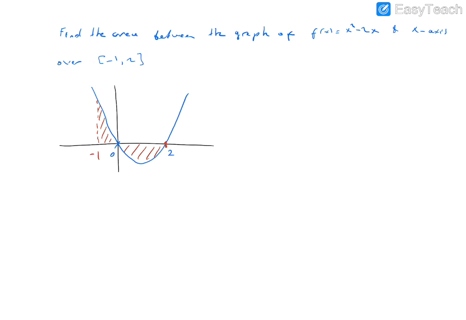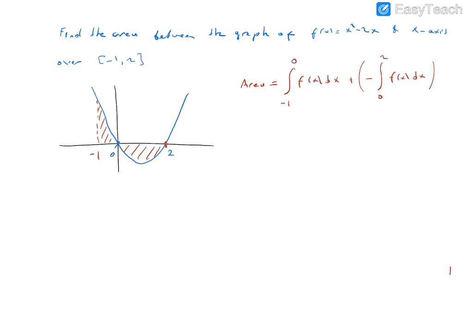So for the first one, that area equals the integral from minus 1 to 0 of f of x dx, which is positive when x changes from minus 1 to 0. But from 0 to 2 the function is negative, so the integral gives us the negative area, and we should write a minus here since f of x is negative.